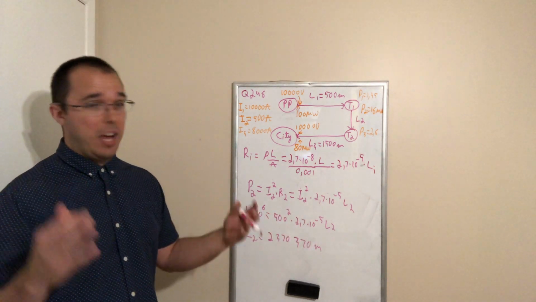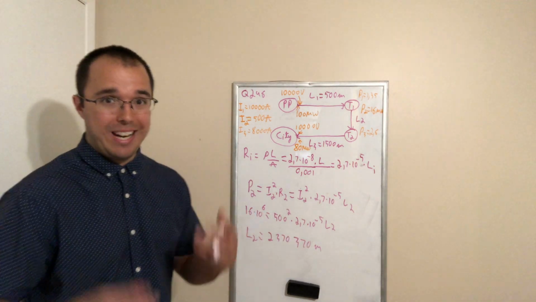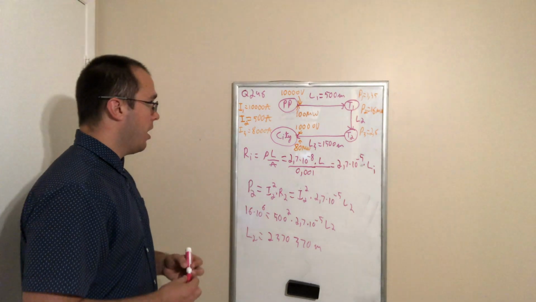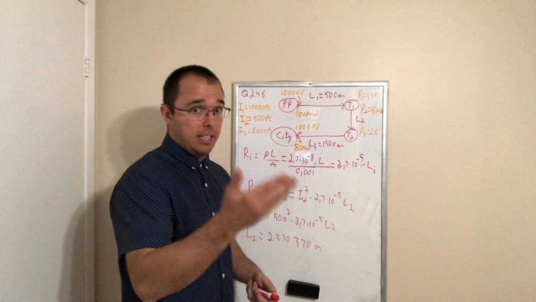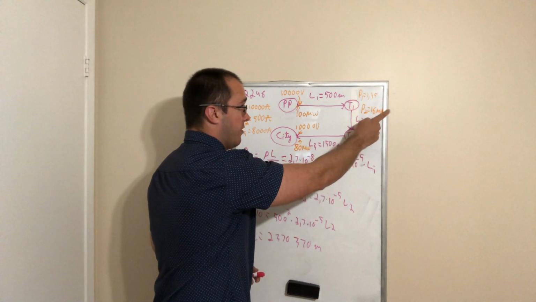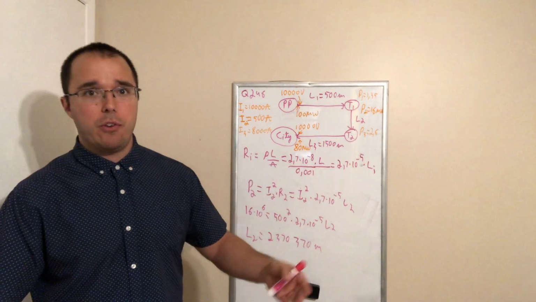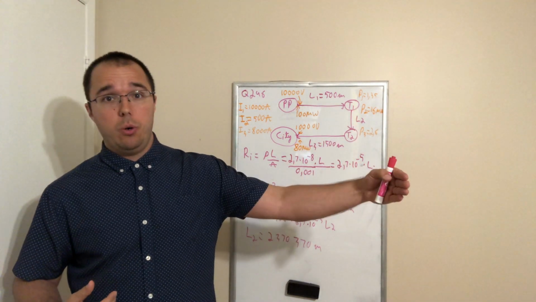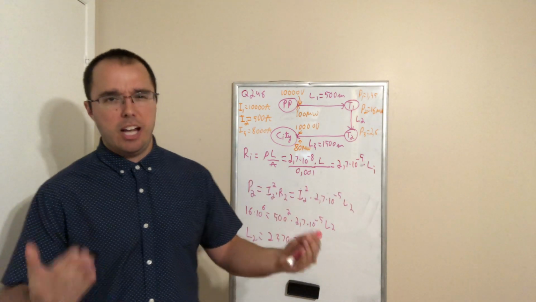All right, so that's a very big distance. It's 2,000 kilometers in this case. Very big distance, and there is a significant power loss. 16% of the power is lost in this wire. However, if you are able to send current 2,000 kilometers away, it's worth it.